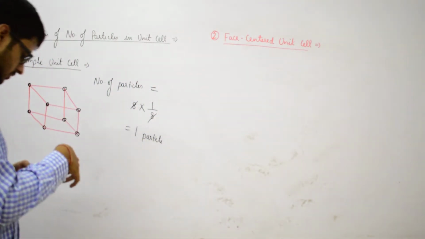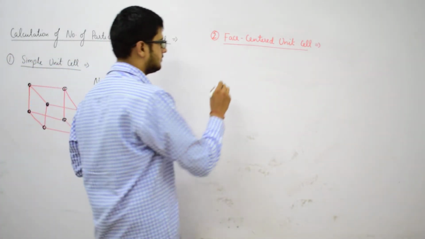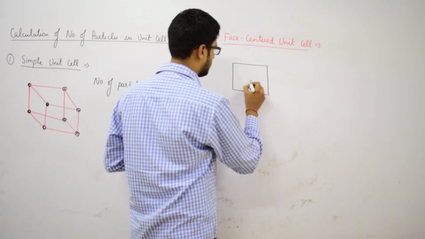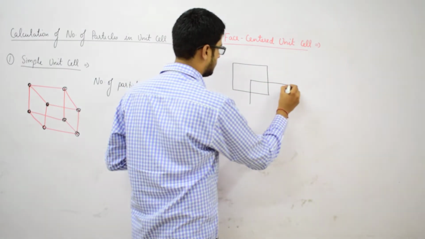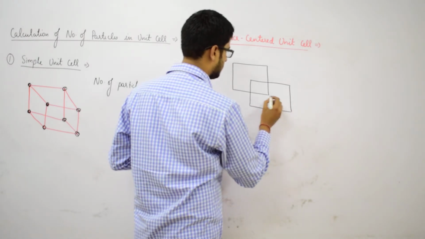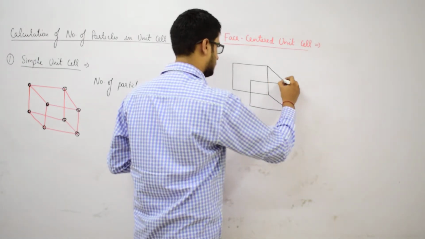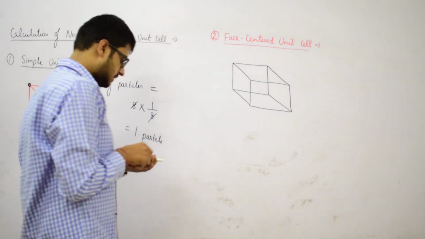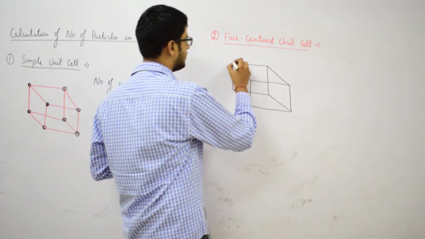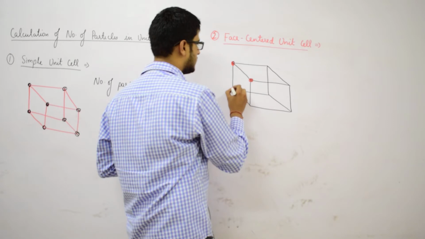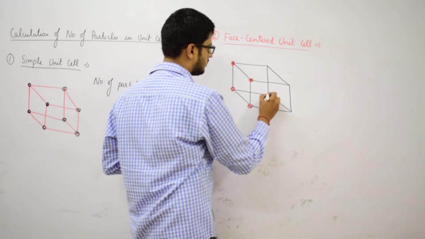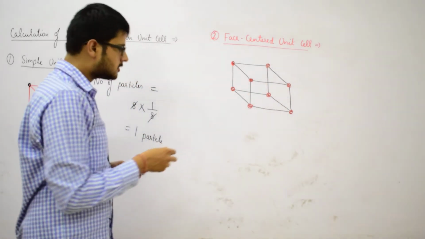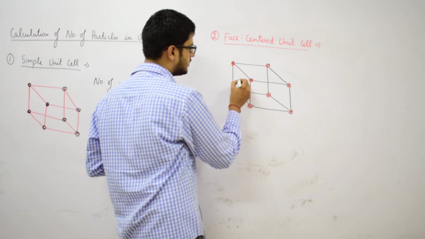Let us draw the diagram of a face centered unit cell, wherein these are the particles which are present on the 8 corners, and also 6 particles are present at the center of 6 faces.